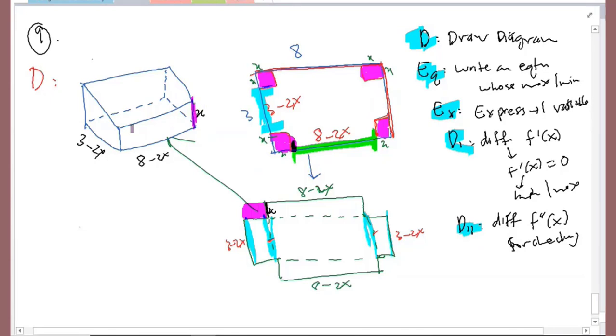So this is x, and then 3 minus 2x, 8 minus 2x.